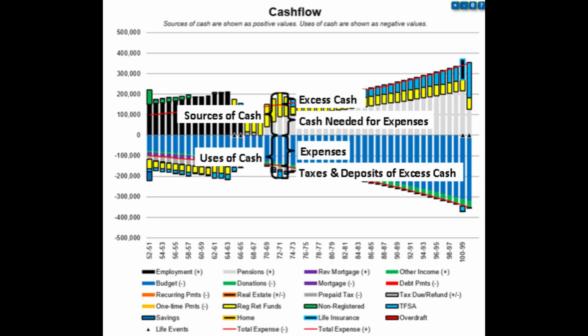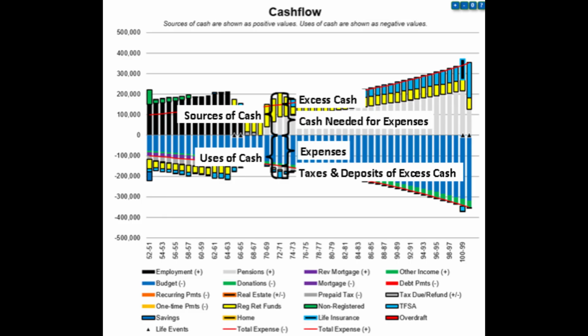Using data that you specify in the plan section of the dashboard, the spreadsheet moves money between accounts in an attempt to maximize your estate. As shown in the example above, a common strategy is to move funds from RRSP and RIF accounts early in retirement into TFSAs to minimize your future tax burden.